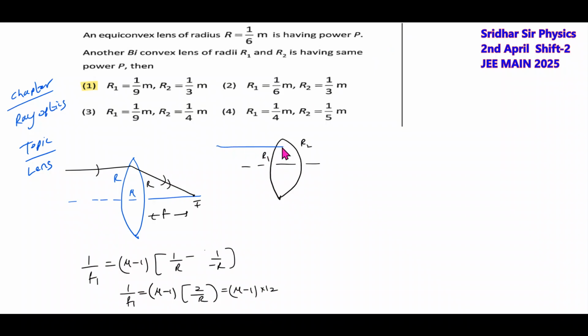A ray is incident, and it will have the focal length f2. It has different radii, so what should be the formula for this? 1 by f2 equal to mu minus 1 into 1 by r1 minus 1 by r2, just based on the lens maker formula.